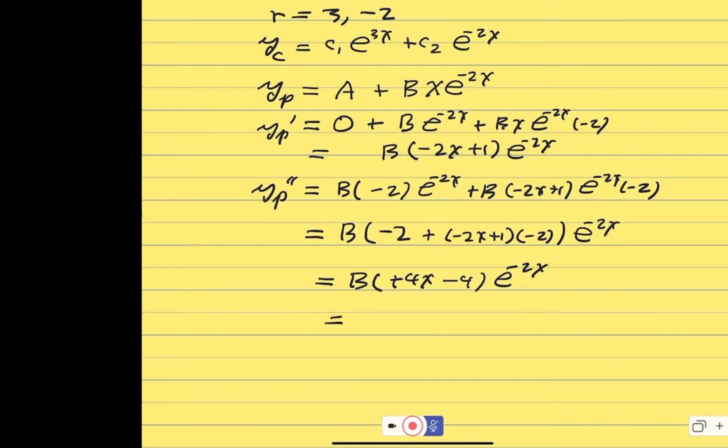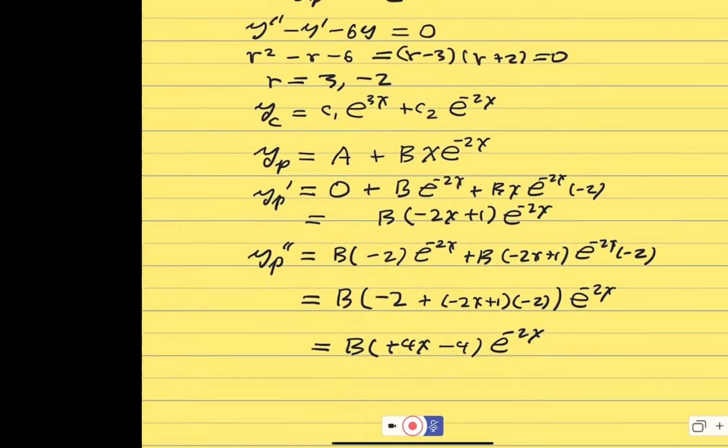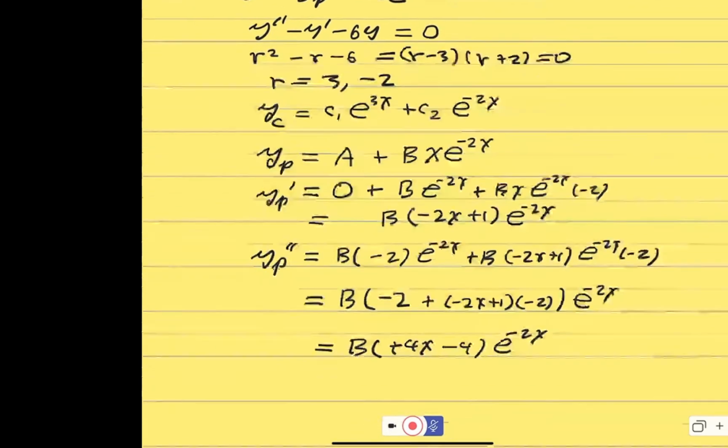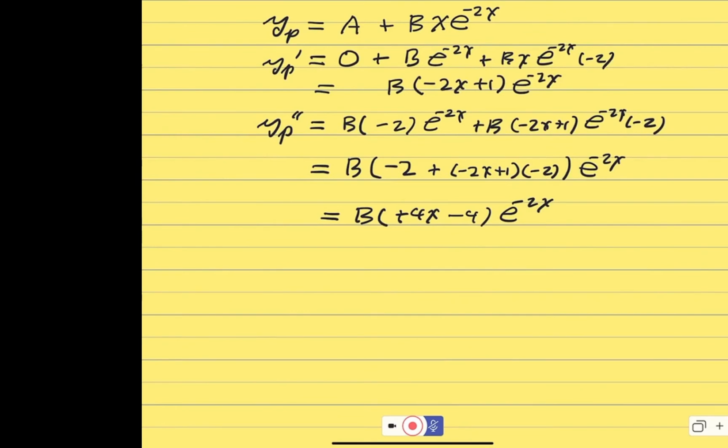Okay. Now what we have to do is take the combination we're interested in, which is second derivative minus the first derivative minus 6 times the function. So this is going to be yp double prime minus yp prime minus 6 yp.